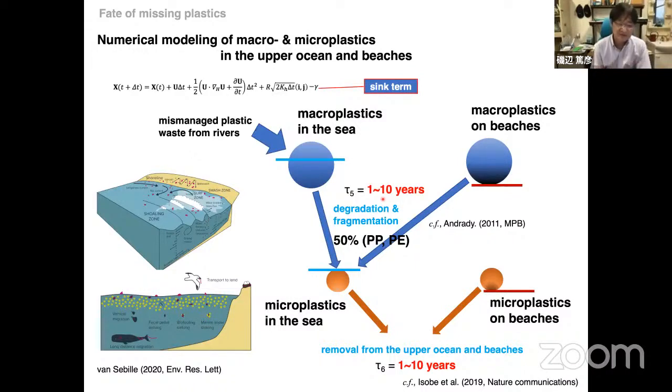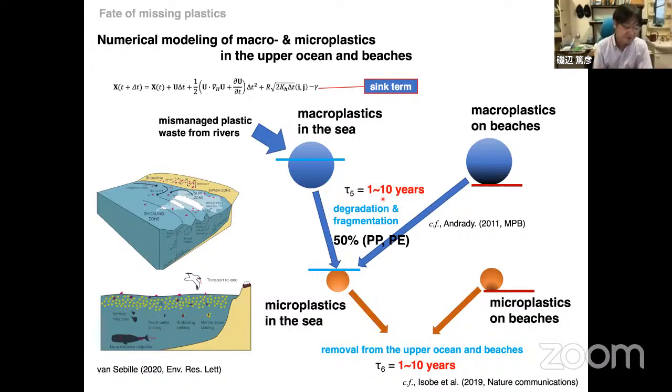Now we have many options. We use a variety of tau5 from 1 to 10 years. And as you know, not all plastic fragments are heavy plastic. Most microplastic is made from polyethylene or polypropylene, which float in seawater.